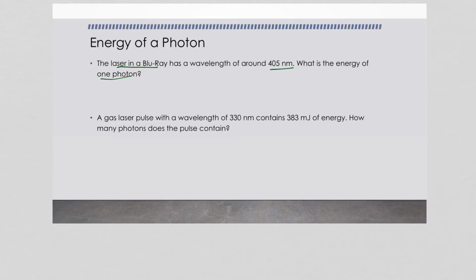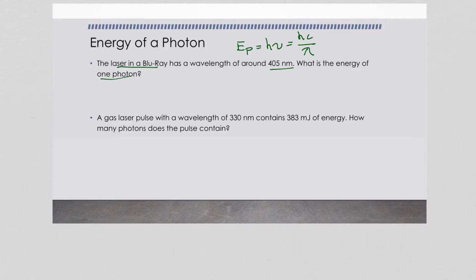So, of course, our equation is that the energy of a photon equals h times the frequency, or it might be more convenient to use it in terms of the wavelength because the wavelength is directly given to us. So that energy also equals hc over the wavelength.